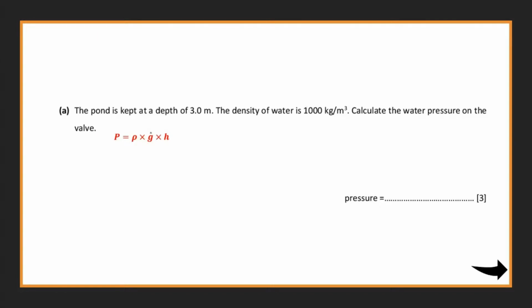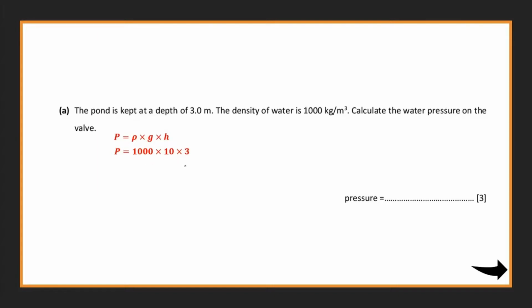Once again, the acceleration of free fall is 10 meters per second squared. Please memorize the value. So now we can calculate the pressure. The density of water is 1000. The acceleration of free fall is 10. The depth of the pond is 3 meters.